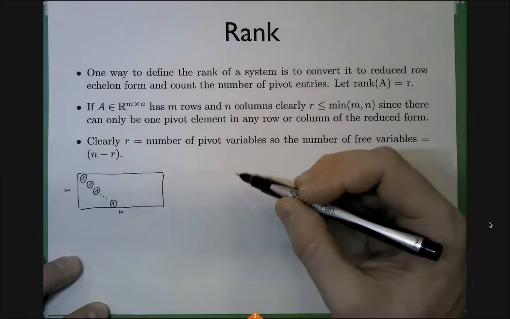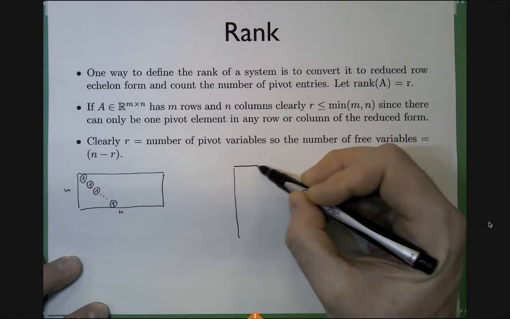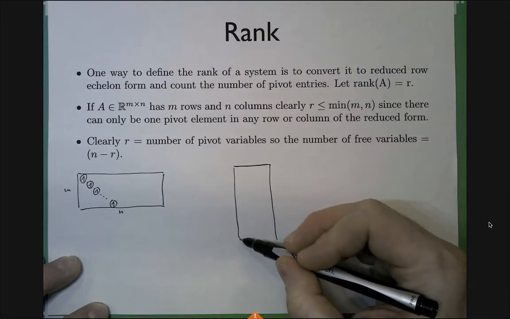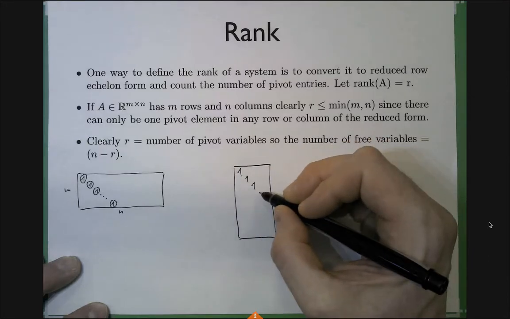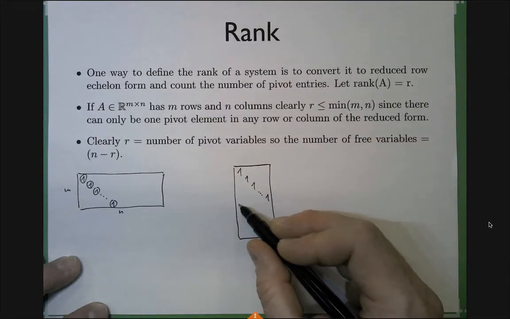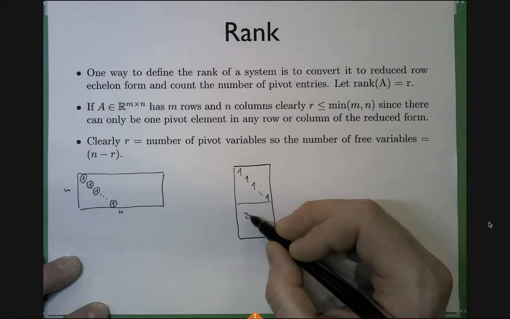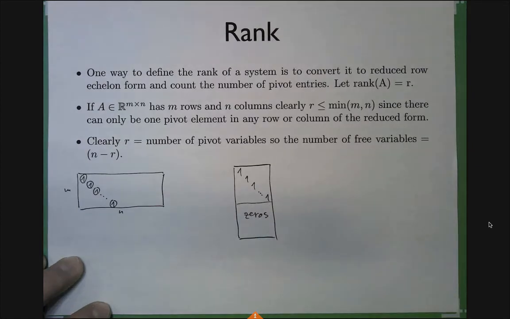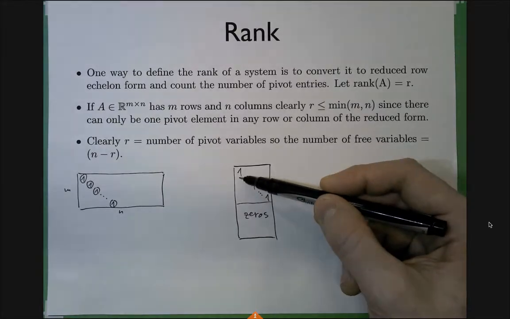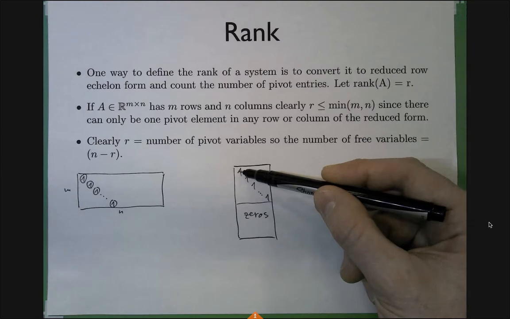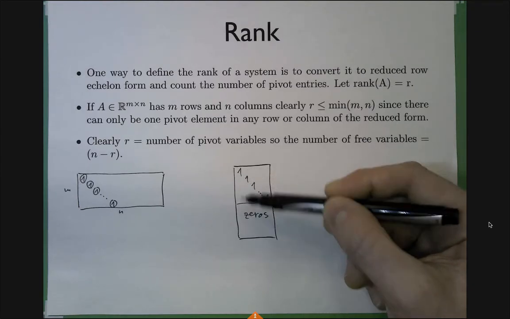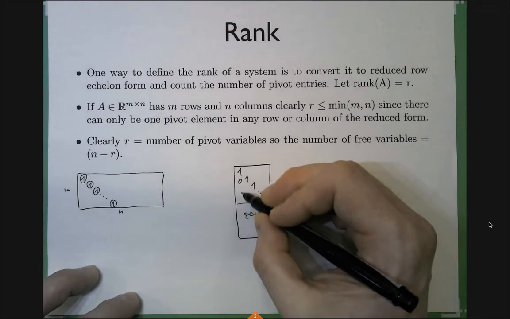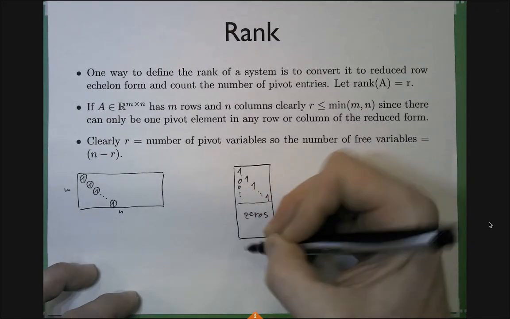In the case when I have a tall and skinny matrix, again, the best thing that can happen is that every column has a pivot. And here I necessarily have to run out of them, and the rest will be just zeros, simply because when I'm running the elimination, below every pivot I must have all zeros.